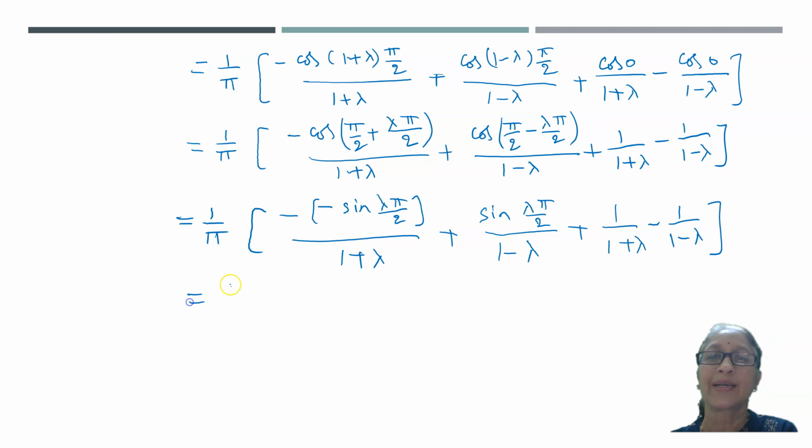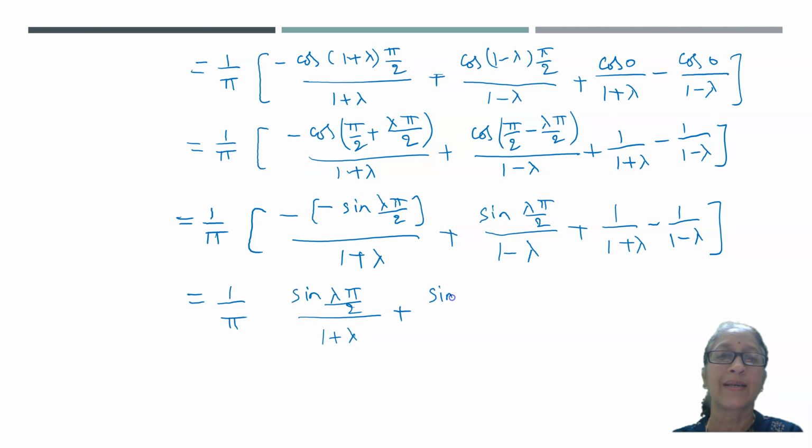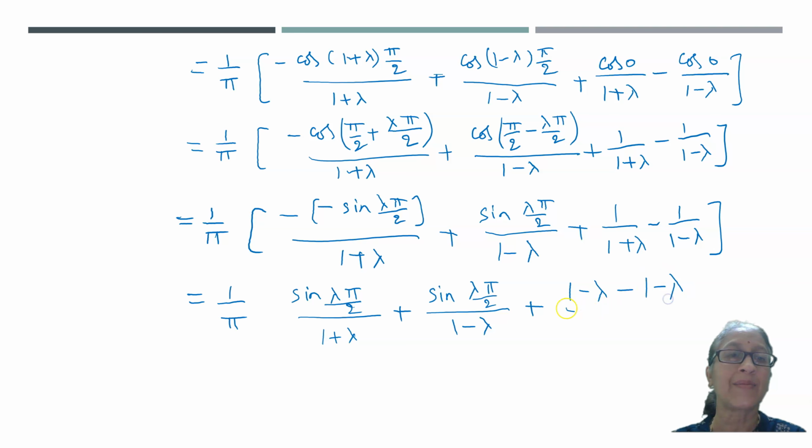So here you get 1 by pi, sin lambda pi by 2 upon (1 plus lambda) plus sin lambda pi by 2 upon (1 minus lambda) plus, if you take LCM, (1 minus lambda) minus (1 plus lambda) upon (1 minus lambda square).